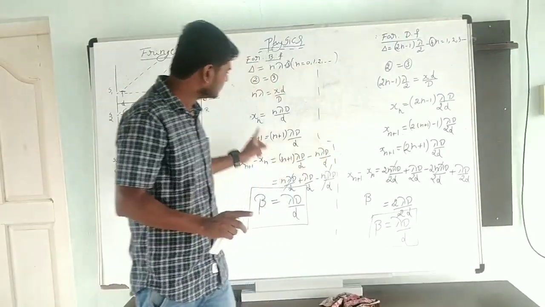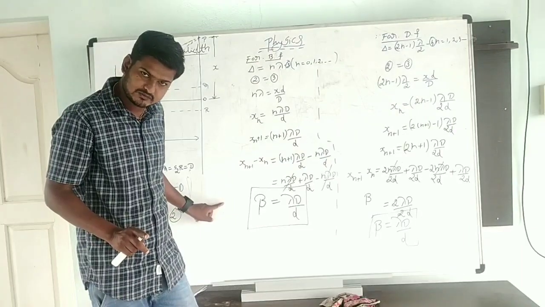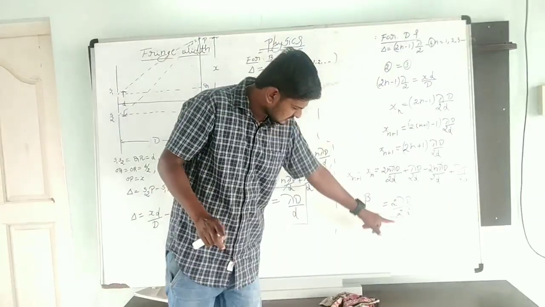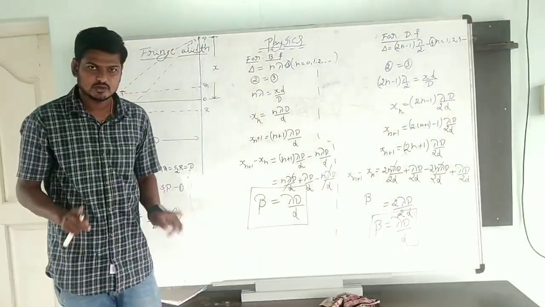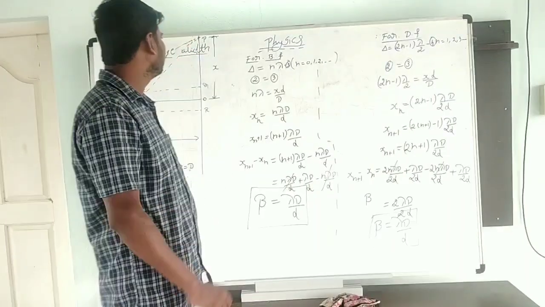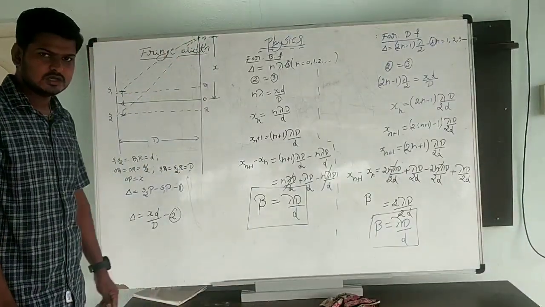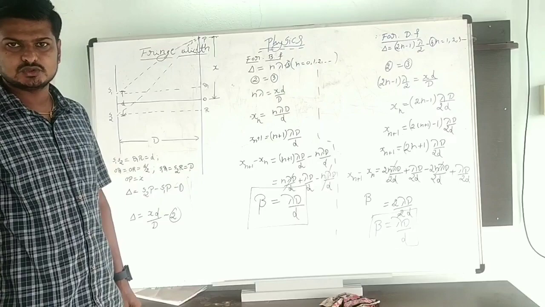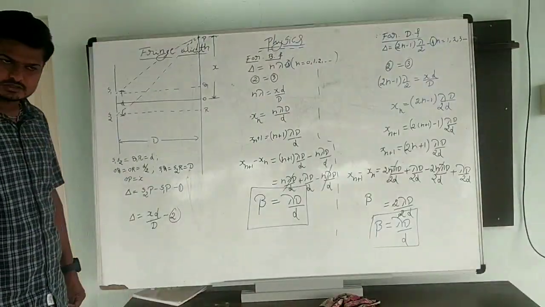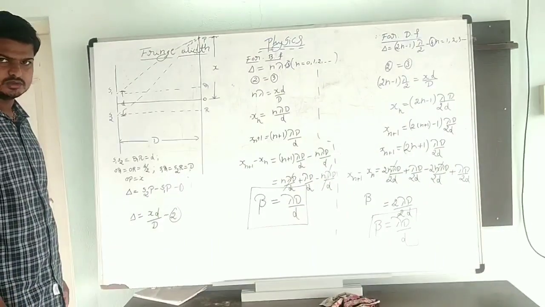For showing that the distance between two successive bright fringes and between two successive dark fringes will be the same, you can derive both, or do any one. Clear? This is fringe width derivation: the distance between two successive bright fringes or two successive dark fringes.